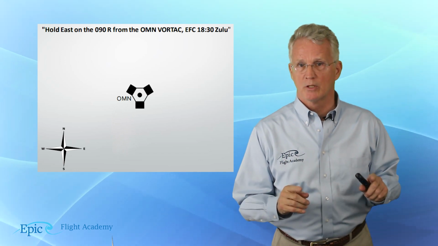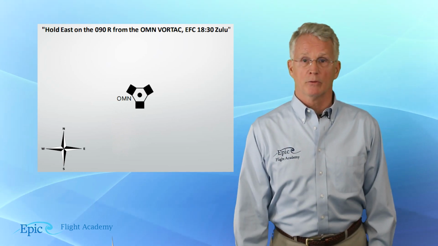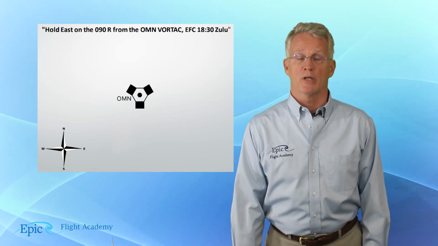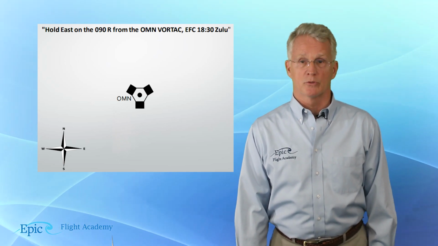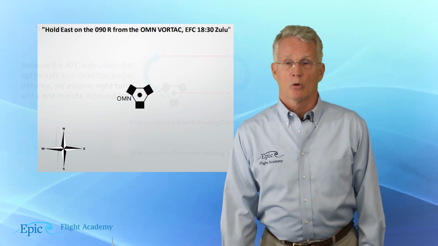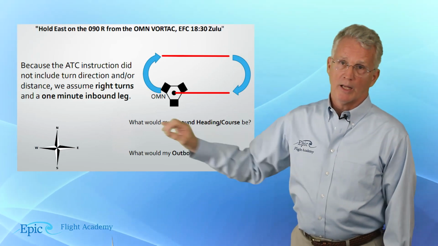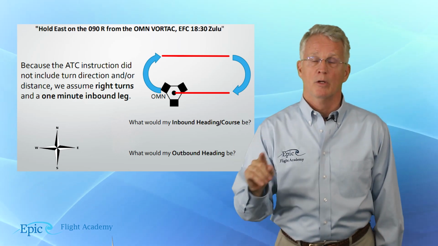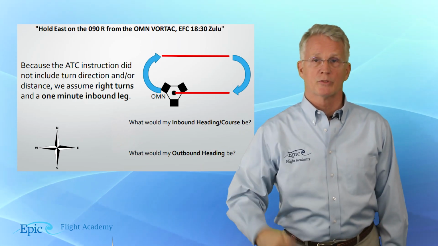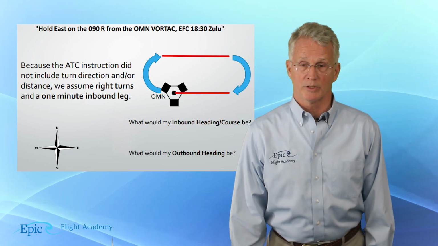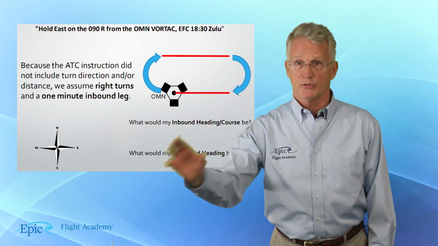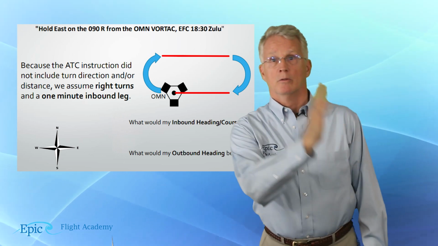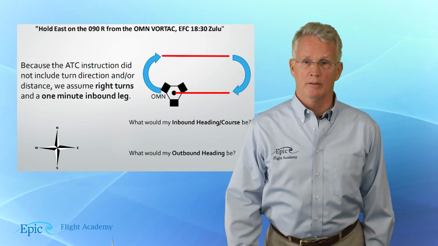Hold east on the 090 degree radial from the Ormond Vortac. Expect further clearance at 1830 Zulu. So once again, I am going to draw my red line to the east of that Vortac, and remember, my inbound course is to the Vortac. Also in my clearance, ATC did not say turn left, so I'll turn right again.